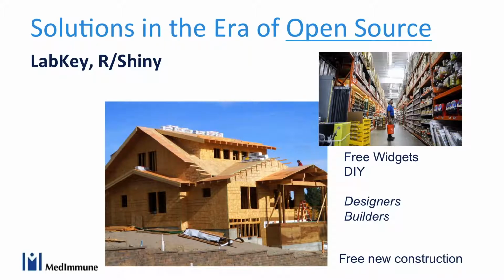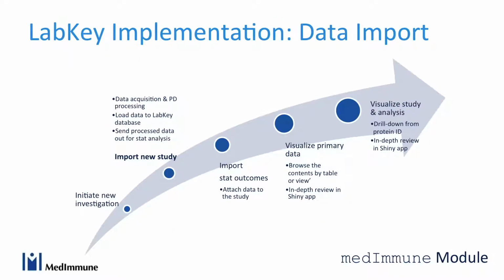The first thing I would describe is how we're going to import a study. For people who have not done proteomic work, it's like any omic platform, where you're doing a study and have a bunch of samples, and you run your instrument and generate a result, and you run it through some tools to interpret them.